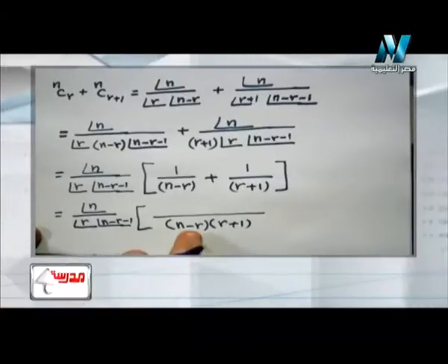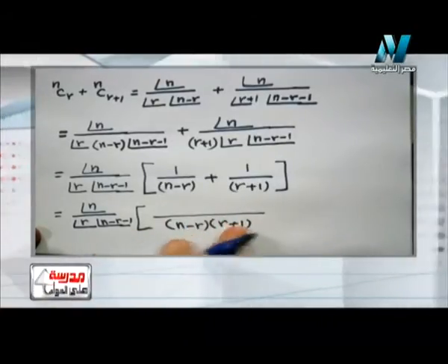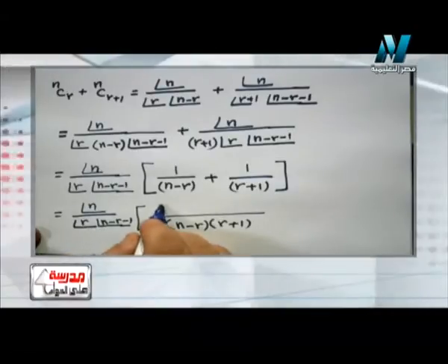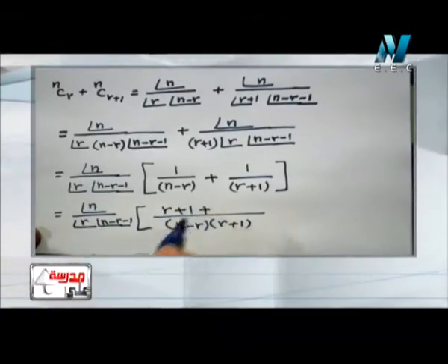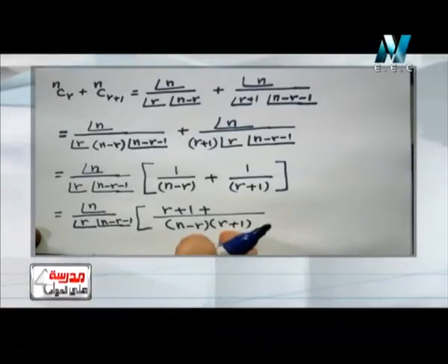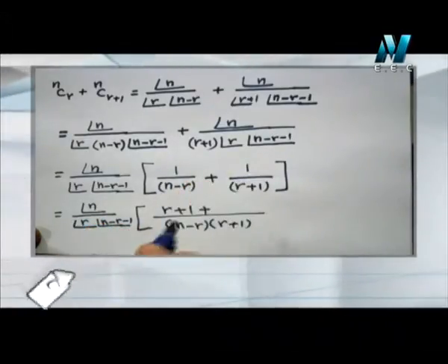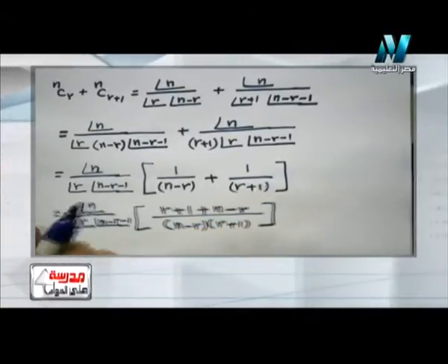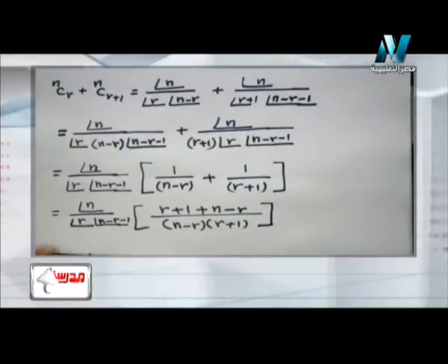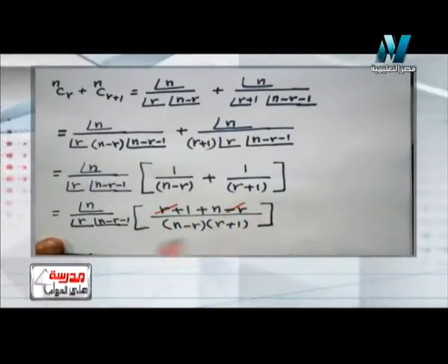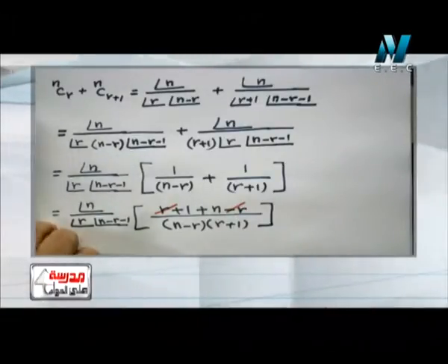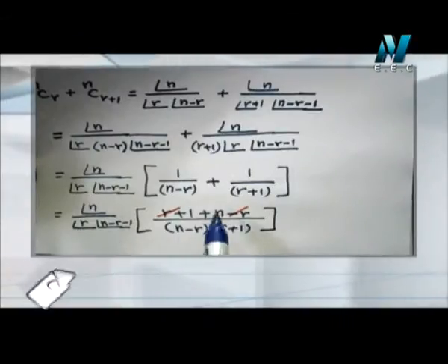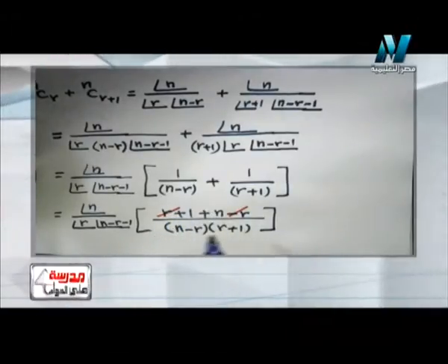Then N minus R multiplied by R plus 1 divided by N minus R is R plus 1, and N minus R multiplied by R plus 1 over R plus 1 is N minus R. Cancel minus R and plus R up and down. Then finally we get factorial N over factorial R, factorial N minus R minus 1, multiplied by N plus 1 over N minus R, R plus 1.